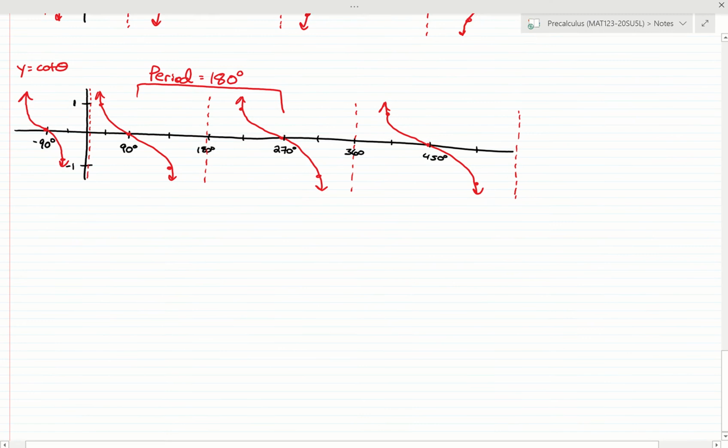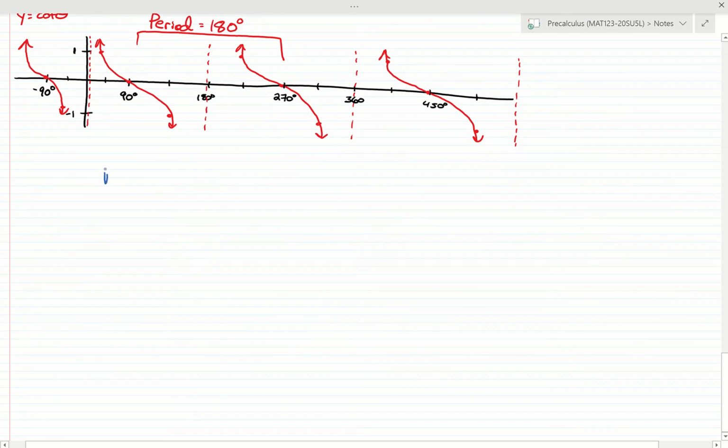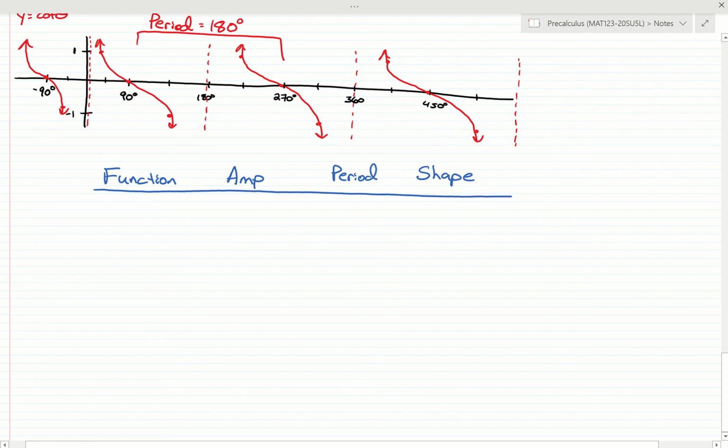So let's do a little summary of this. We'll discuss the function, we'll group them, we'll talk about their amplitude, their period, their shape. And it looked like sine and cosine were similar.